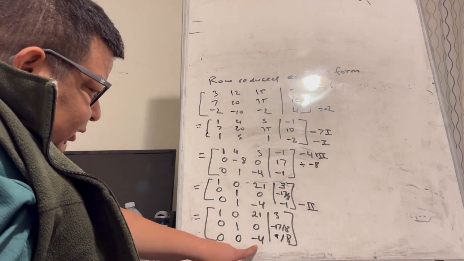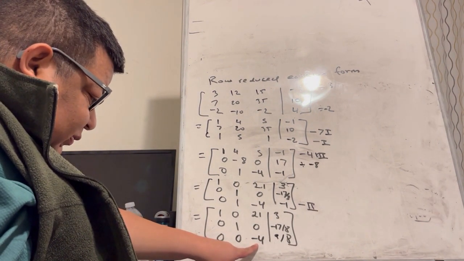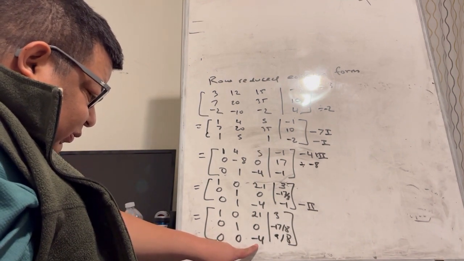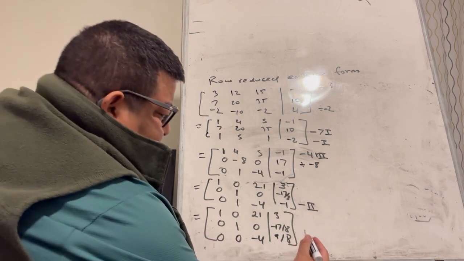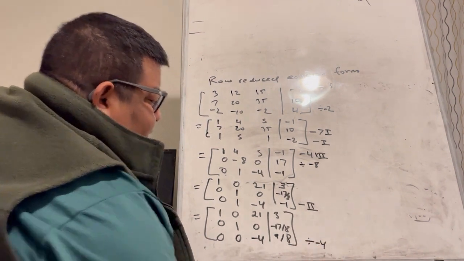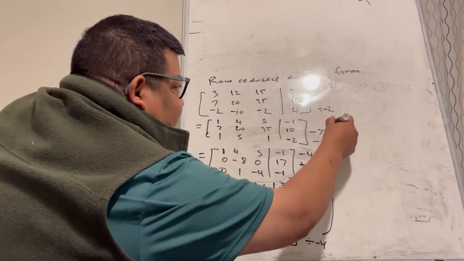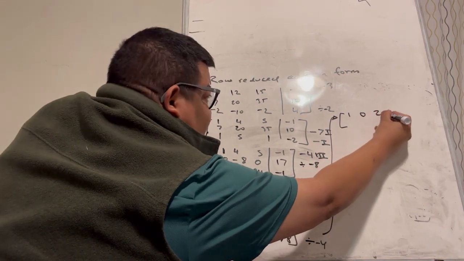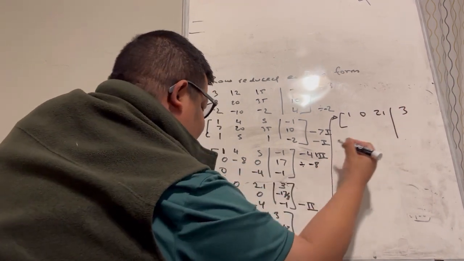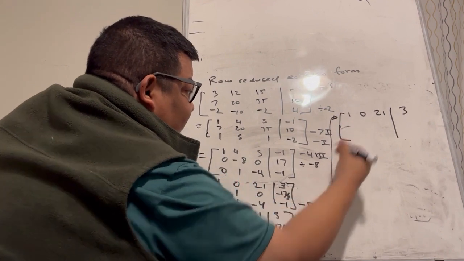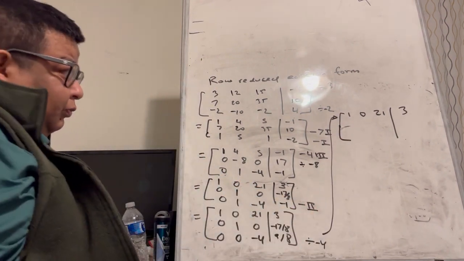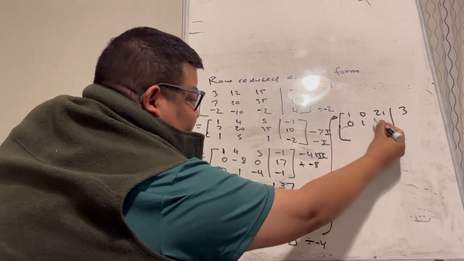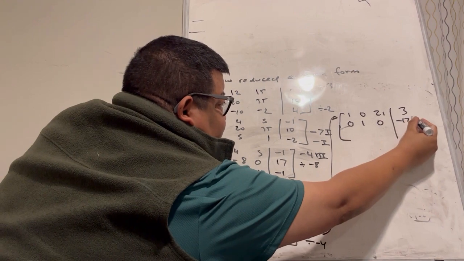So here we can get rid of this -4 by dividing by -4. So that's the next step. So we take it here, and we're gonna get 1, 0, 21, 3, and then 0, 1, 0, -17/8.